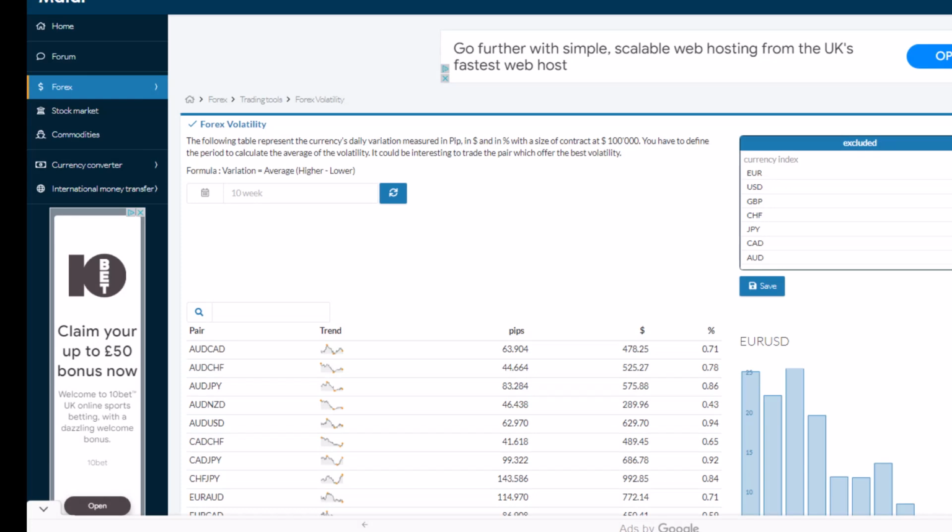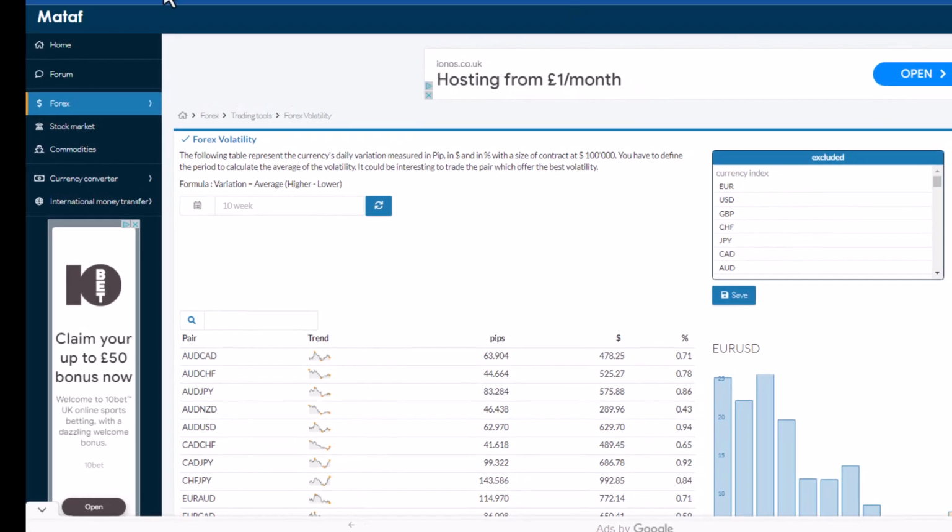So one of the key tools that I have been using over the last 20 years is MATF, and they provide the most fantastic trading tools, and the volatility tool is one of the best ones here.